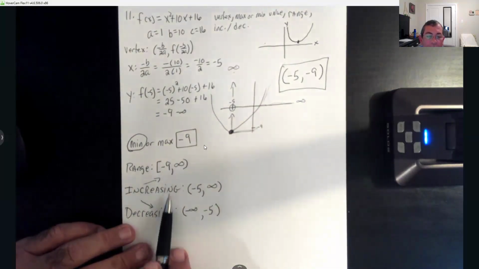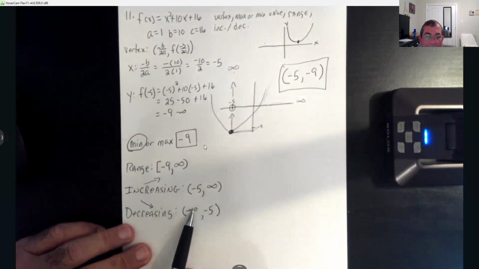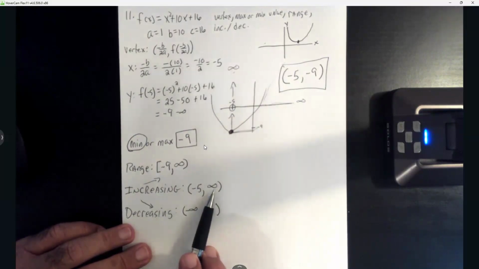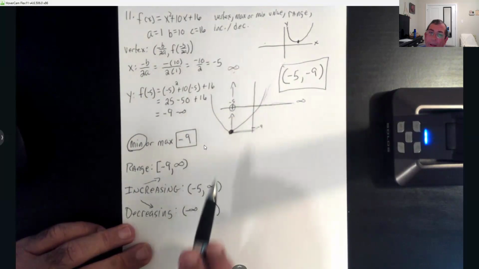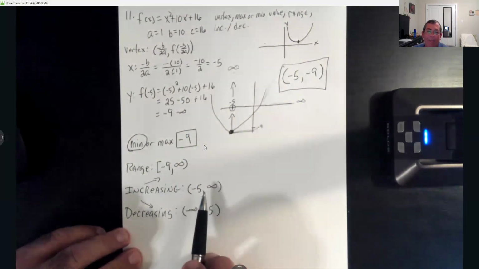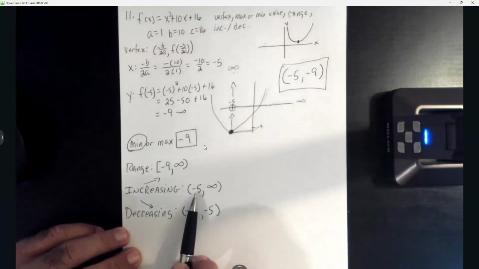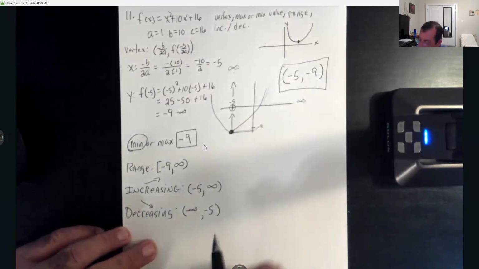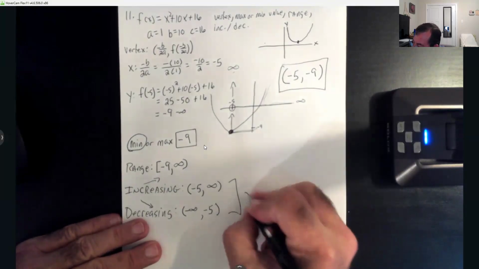So one of these will start with negative infinity to the number. The other one will go from the number to positive infinity. Now, if your graph's upside down, they'll be opposite of mine. As far as increasing and decreasing, these are always going to be the x values.